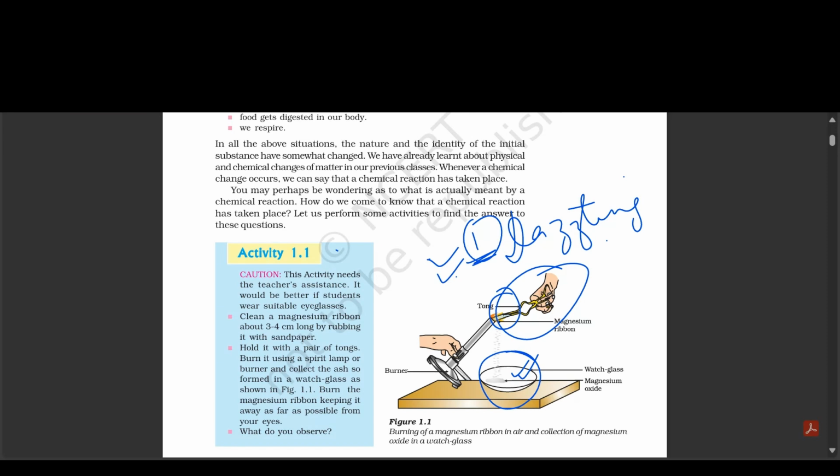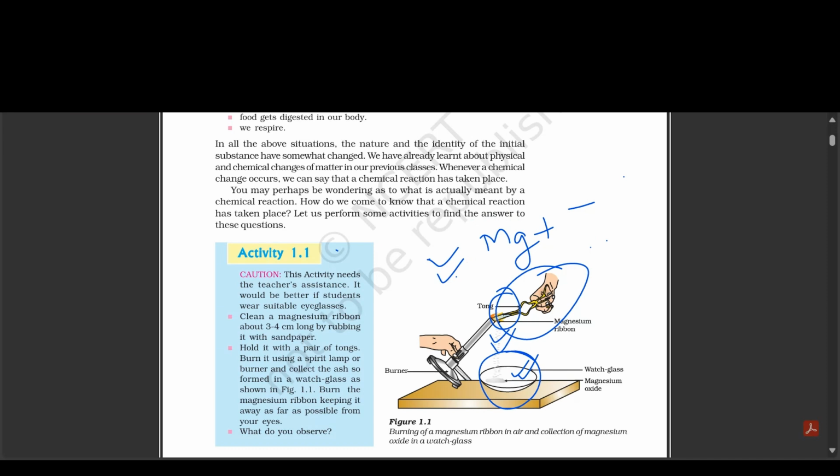Let's see. The first thing you will say is you have a magnesium ribbon. The formula for magnesium is Mg. Because you are burning it, burning means you are heating it in the presence of oxygen. So the formula for oxygen is O2. And along with that, what will you get?